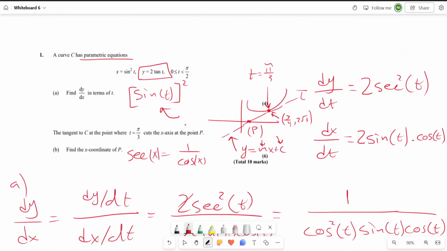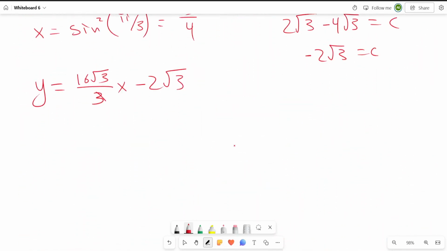In order to know where this tangent line cuts the x-axis, I know that this is going to be at some x value and a y value of 0. So if I substitute y with 0, it's going to give me the x value where this tangent is intersecting the x-axis. So 0 equals 16 root 3 over 3 x minus 2 root 3.